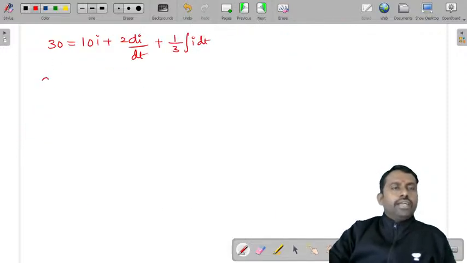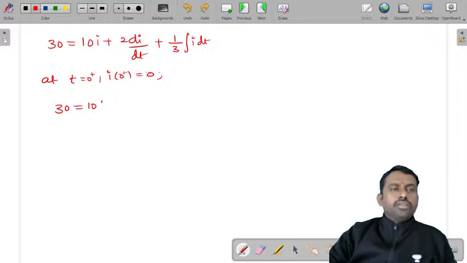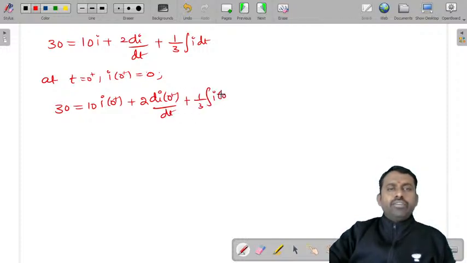So at t is equal to 0 plus, i of 0 plus is equal to 0. Substitute that. 30 is equal to 10 into i of 0 plus, plus 2 into di of 0 plus by dt, plus 1 by 3 integral i of 0 plus.